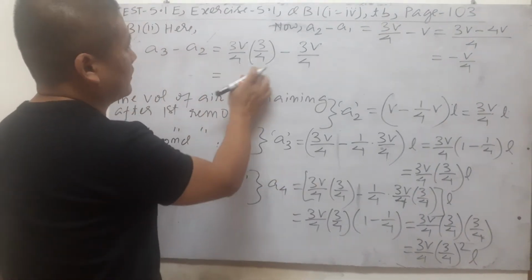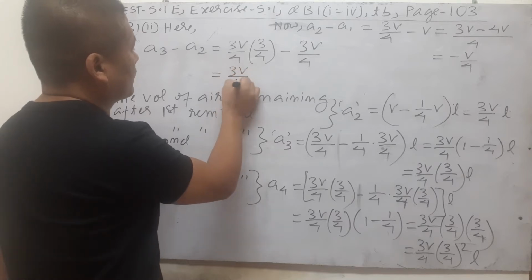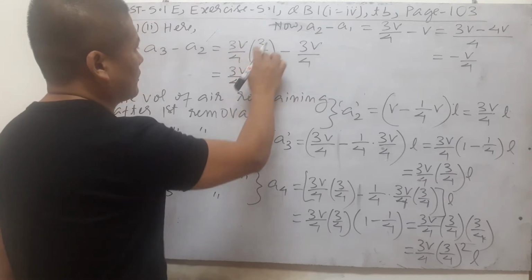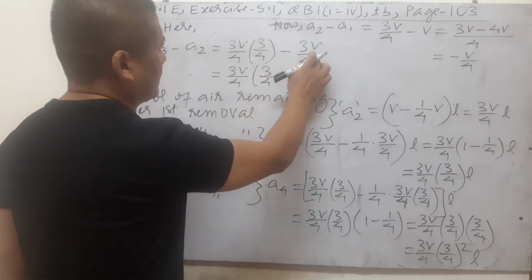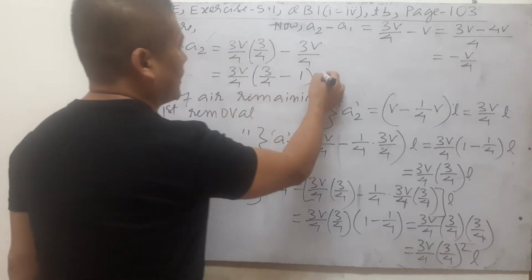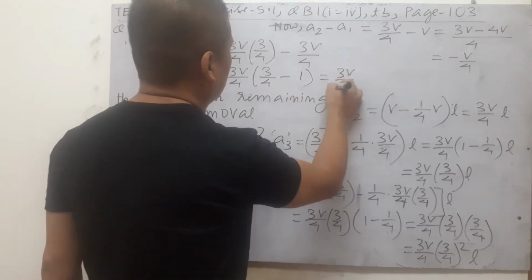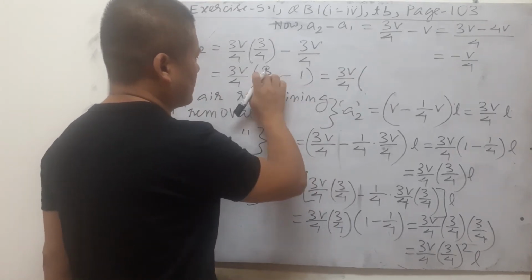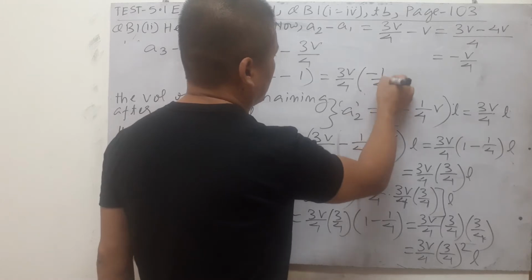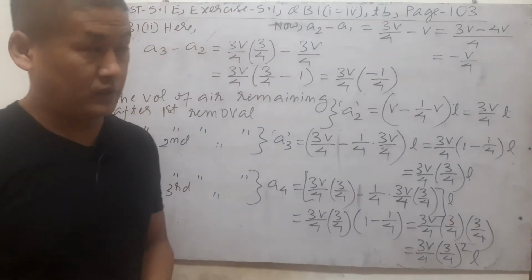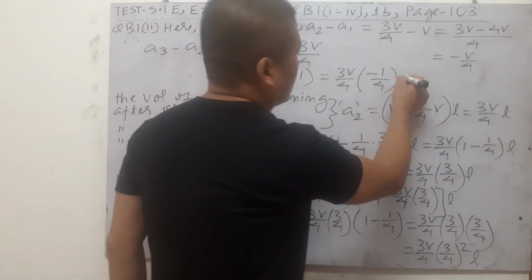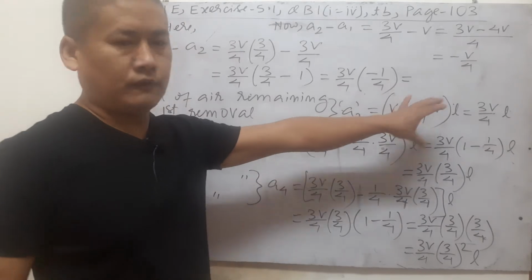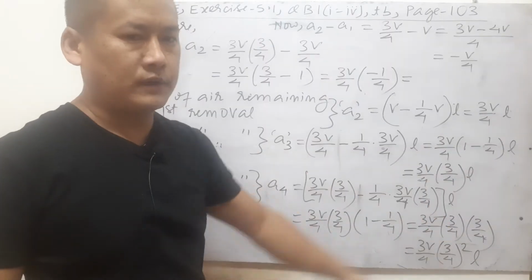So let us do this. That will be equal to 3V by 4 common, into 3 by 4 minus 1. That will be 3V by 4 into, as I said, 4 ones are 4, so 3 minus 4 is minus 1, again by 4. So let us bring it into a form comparable to the first one. The first one, A2 minus A1, is minus V by 4. If we bring it into a clearly comparable form, then we can easily know whether they have a common difference or not.